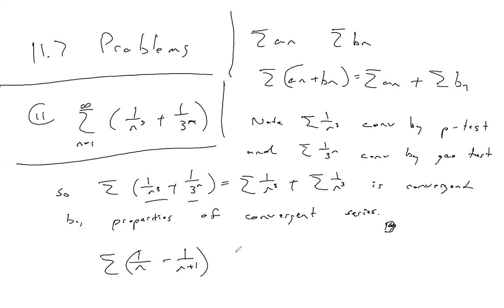Okay. This is a convergent telescoping series, but we can't split it up into 2 separate series. Because now these are both harmonic series, these are both divergent. So it wouldn't make sense to split it up. I'd have infinity minus infinity, right? So that doesn't work.